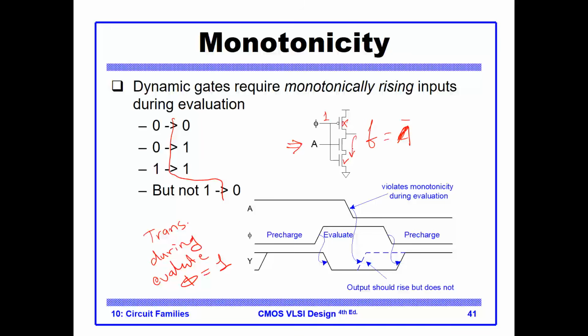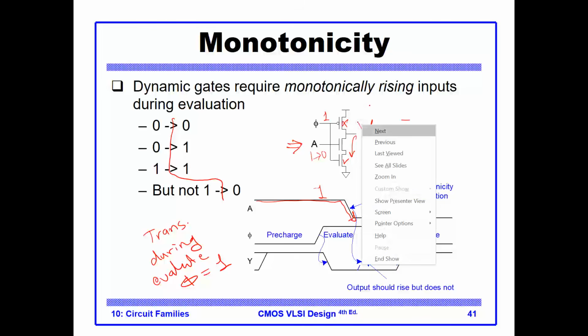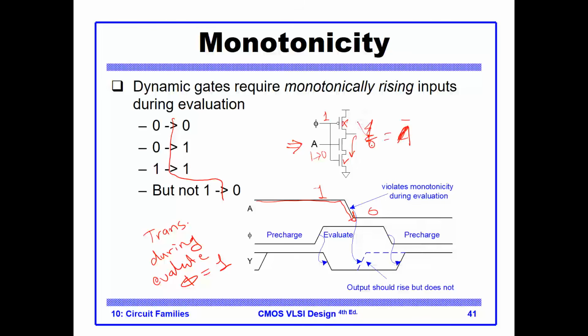It is when A is 1 and then it changes to 0 that there is a problem. Watch this, 1 and then 0. What happens is that the output, which is right here, I called it F, it should be Y actually.